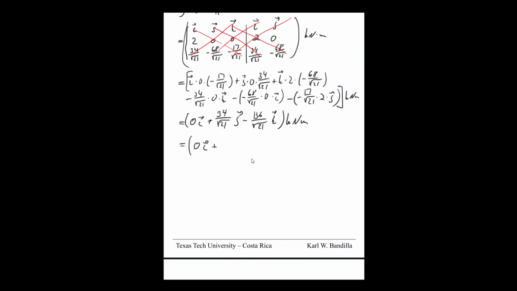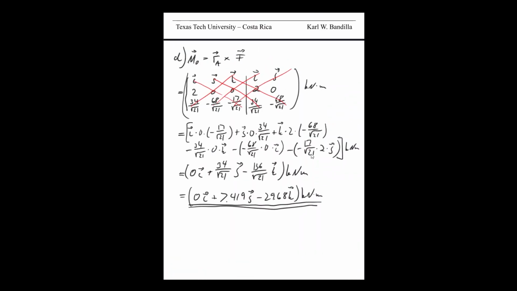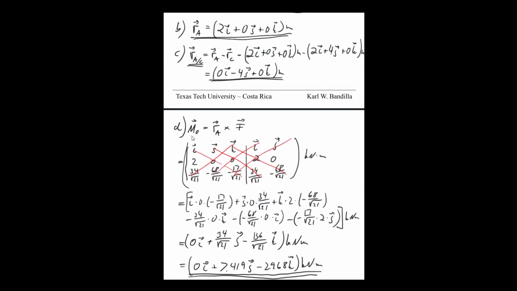Oh, there we go. I have a typo in my notes. Plus 7.419 j, and then minus 29.68 k kilonewton times a meter. And that's the moment about the origin point, M, right there.